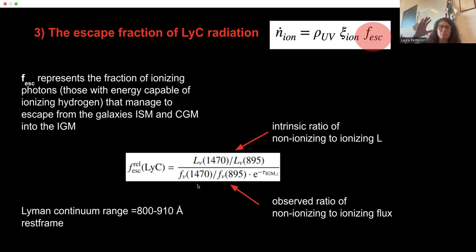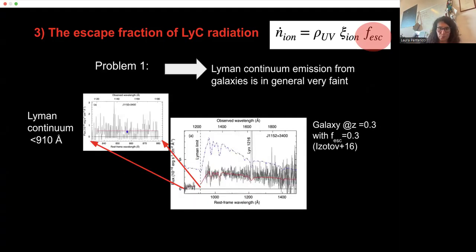These observations are challenging, as I will show, but they are feasible. The top part is in modeling: you need to model the intrinsic spectral energy distribution of your source. So this is not only an observational problem, it's also a problem of modeling the sources.